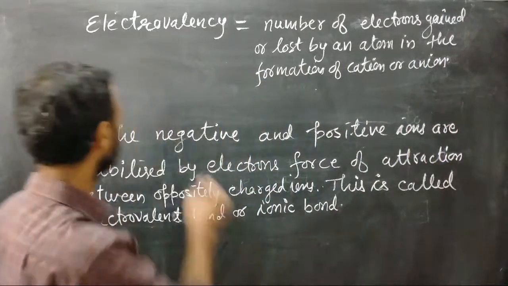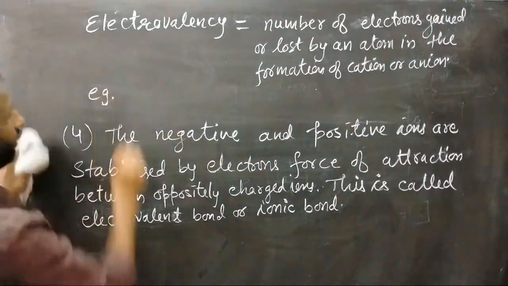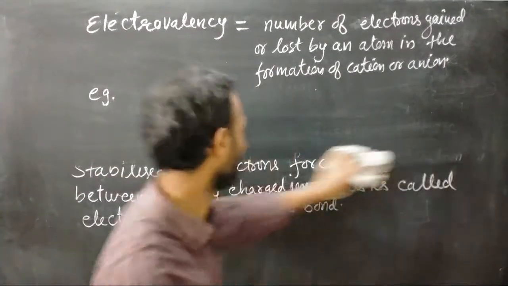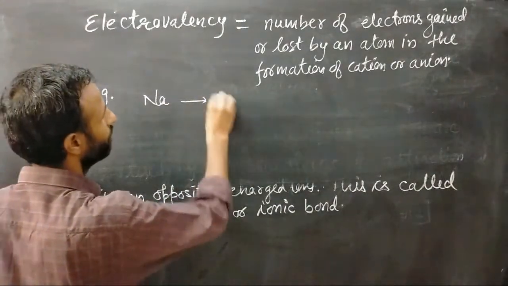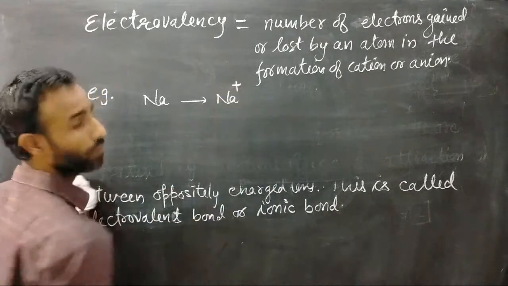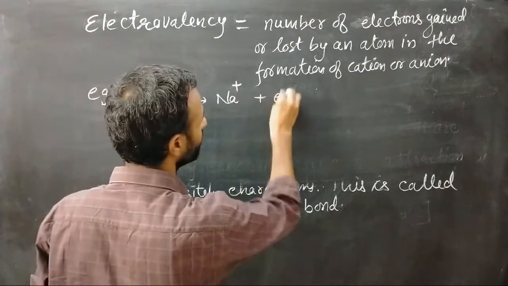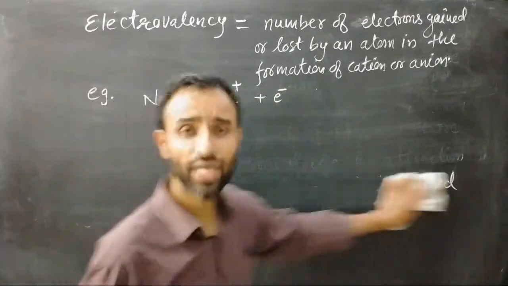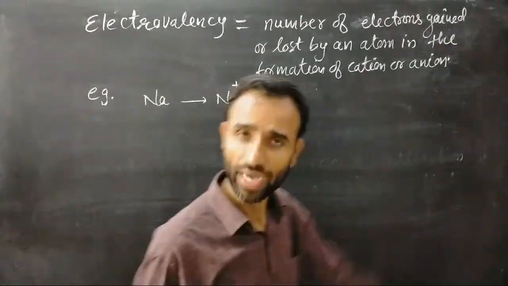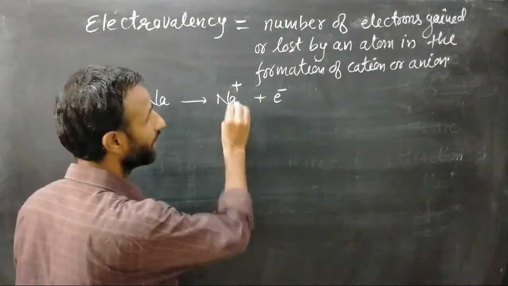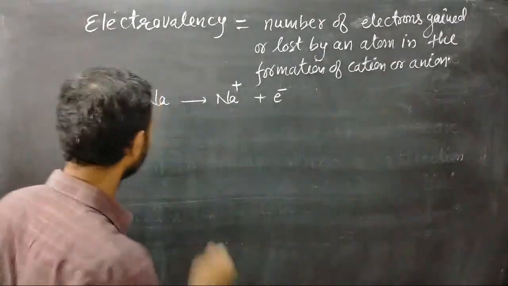For example, what is the electrovalence of sodium? You know, sodium is Na1+, so it loses one electron. So we can say it is the number of positive or negative charge on the ion. Okay, so sodium has an electrovalence of 1.